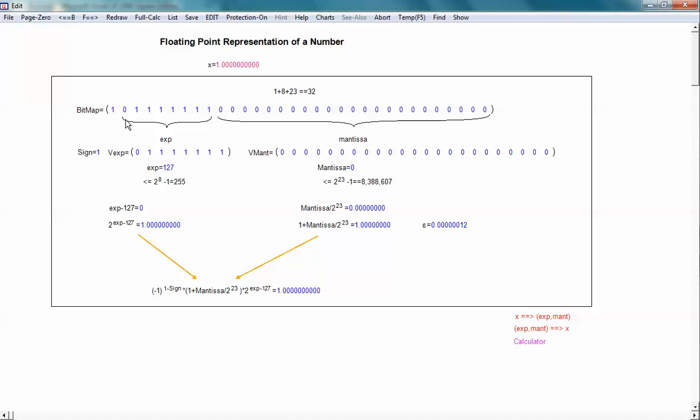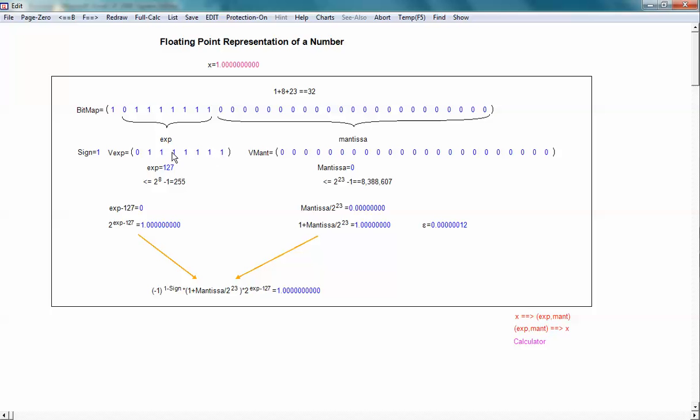And what the computer does is it extracts those 8 bits and then turns them into an integer. And it does it in the usual way. This is the binary representation of some integer. So it corresponds to, in this case, 127 as the decimal equivalent of this binary number, and we'll look at that in a little more detail later.